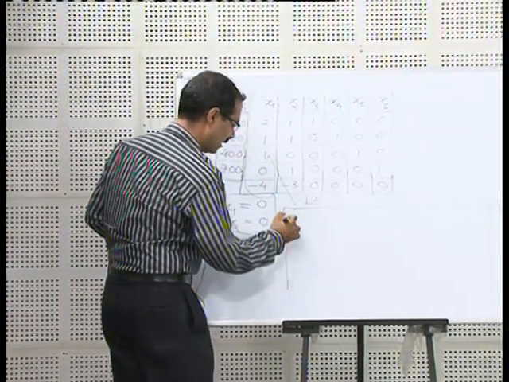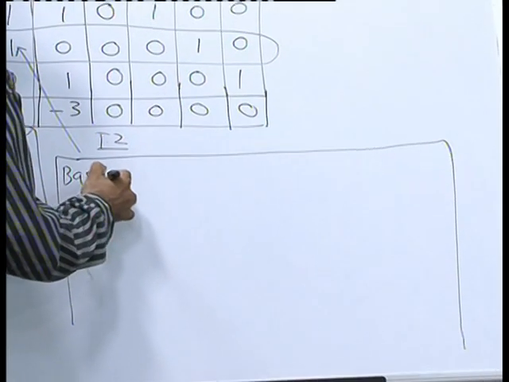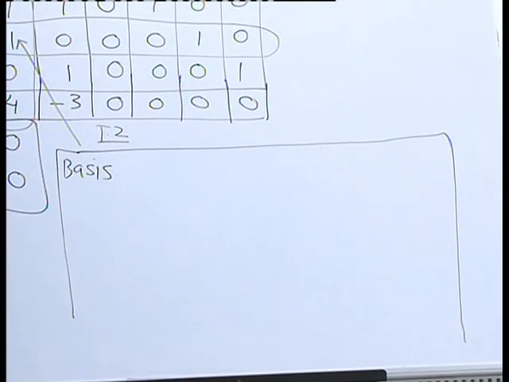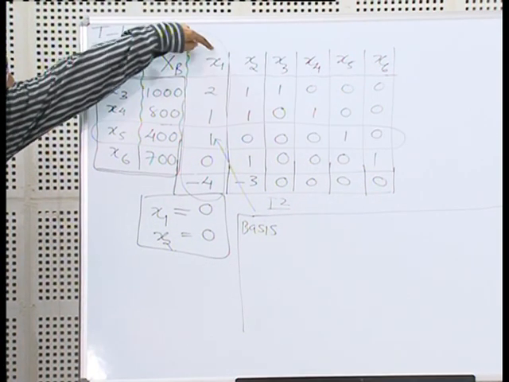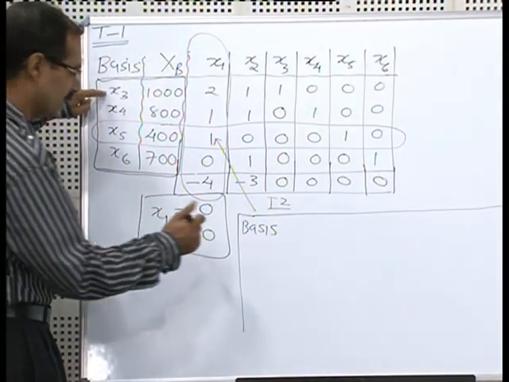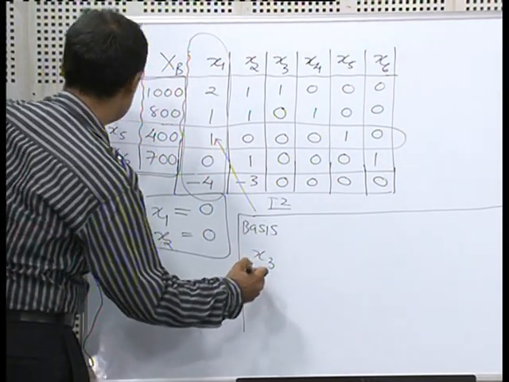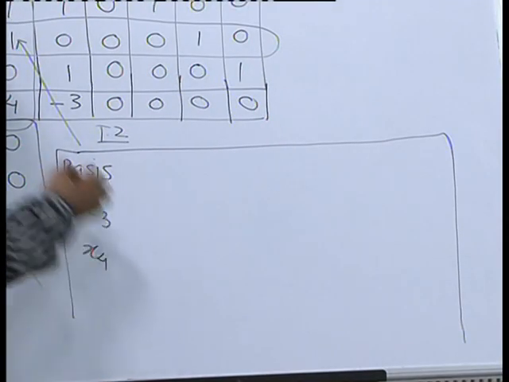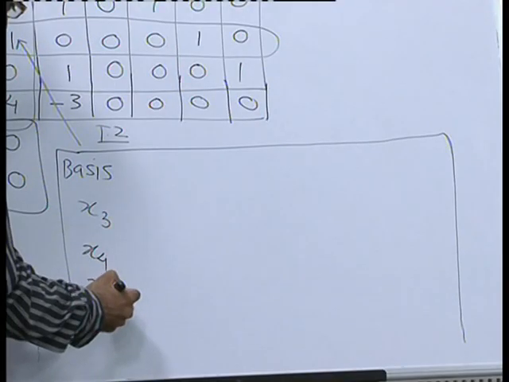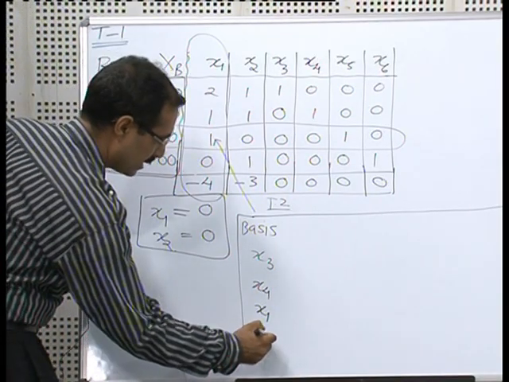First of all, we will start with bases. The first change in table 2 will come in bases. The variable x5 is replaced by the variable x1. So the basis will become x3 unchanged, x4 unchanged, but now x5 is replaced by x1, and x6 is as it is.